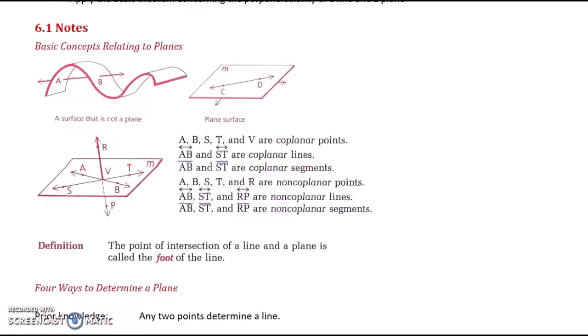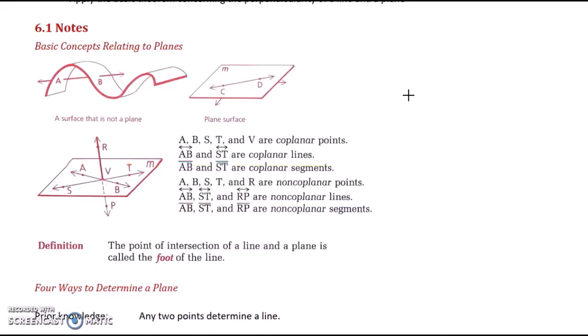So in 6.1, we learn different ways to determine a plane and some basic definitions of planes. On day 1 of the course, I did talk about a plane as being a set of infinite lines just side by side to the point where it grows into a two-dimensional surface.